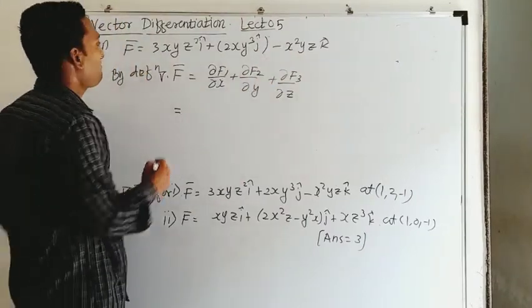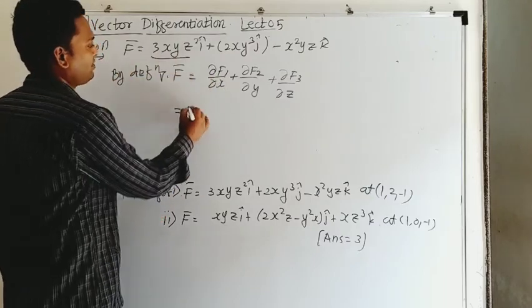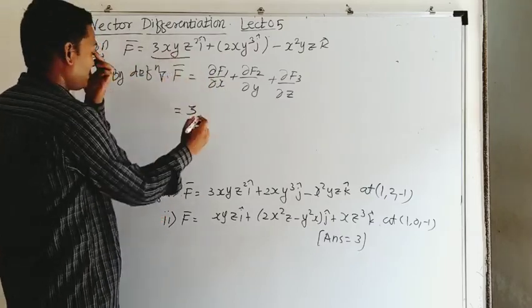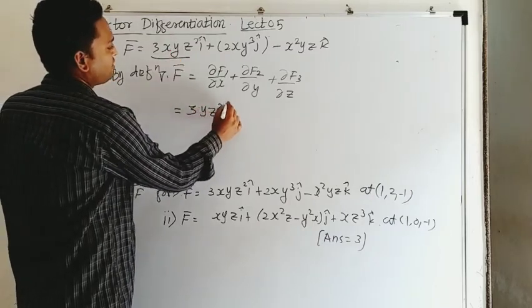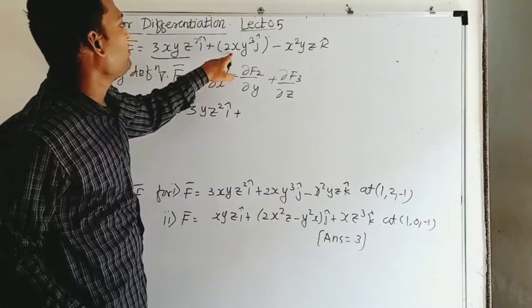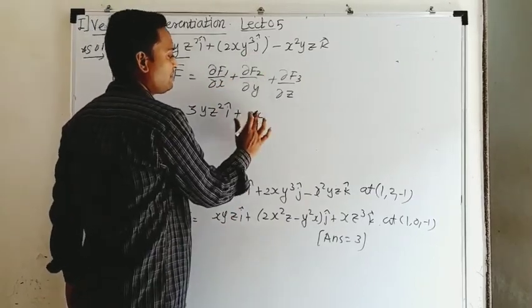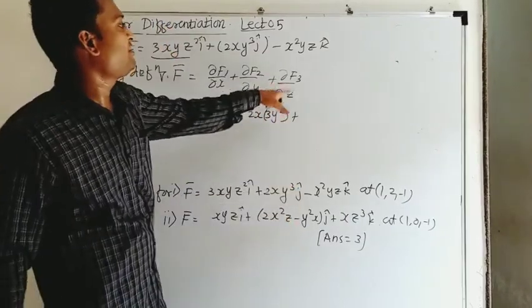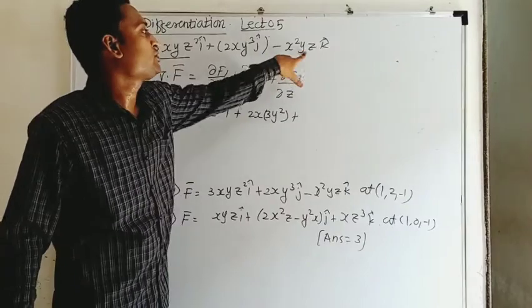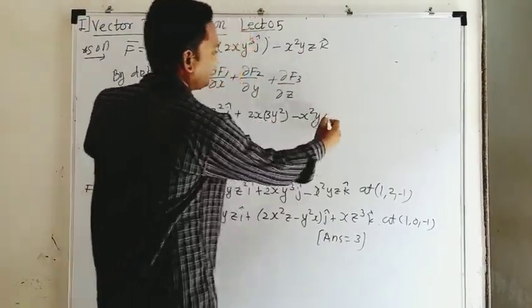So calculate them. f1 derivative with respect to x: this component's derivative with respect to x will be 3, at that time y and z will be as it is. So the derivative of x is 1, so it will be 3y z square, plus the second derivative with respect to y: 2x as it is, derivative of y cube is 3y square, plus the third derivative f3 with respect to z: x square y will be as it is, minus sign, derivative of z is 1.